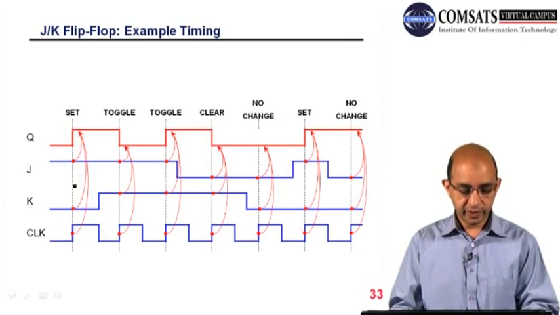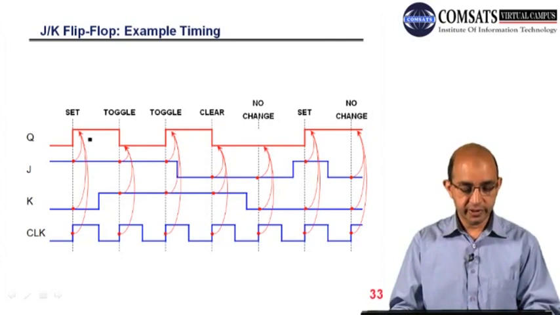Here we have 0, 1. So this is the active edge. It means Q follows J, or you can say this is set, because we have made Q equal to 1. So this is setting the flip-flop.